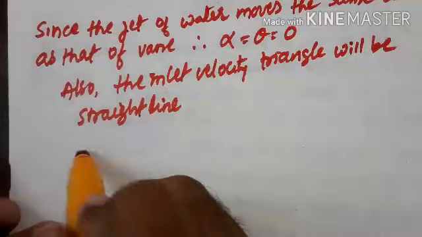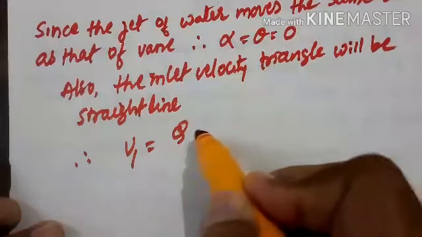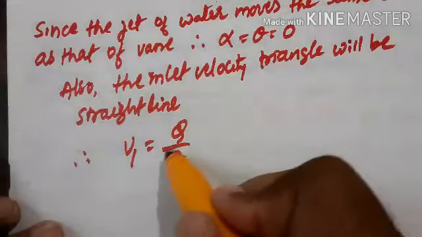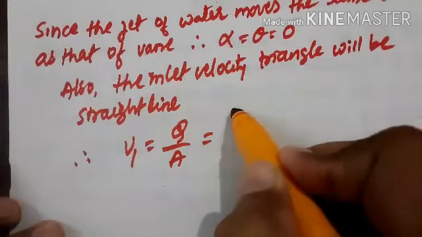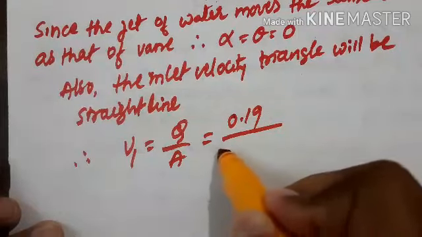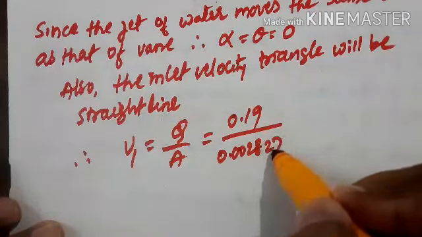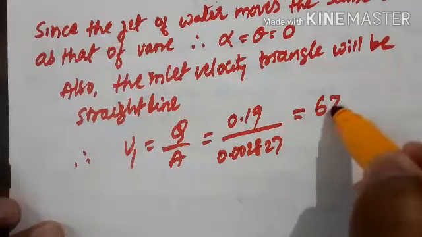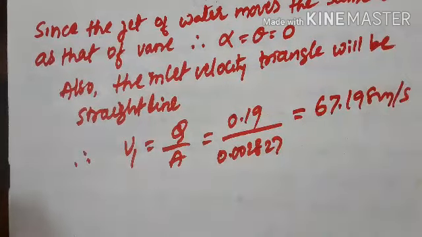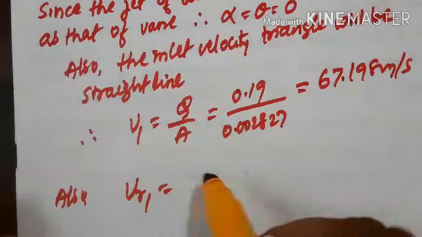Okay. Therefore V1 equal to Q by A, because we know Q equal to A into V. So V1 equal to Q by A. Then Q is 0.19 divided by 0.002827, we get 67.198 meter per second. Also VR1 equal to what?